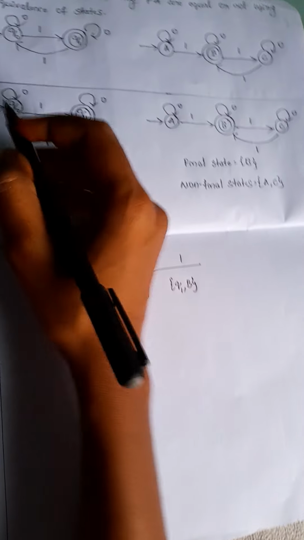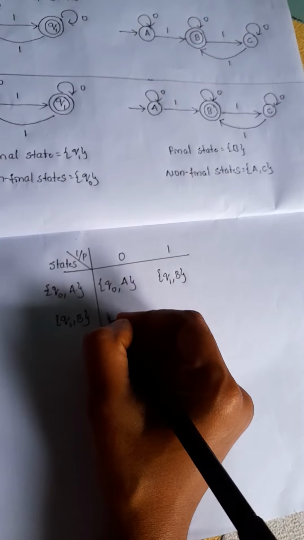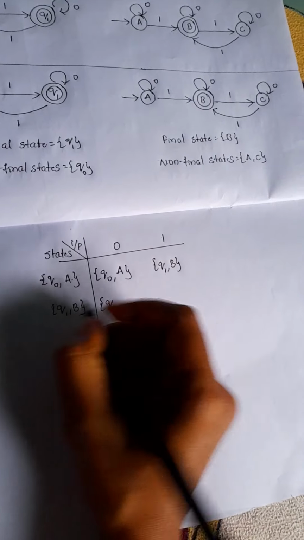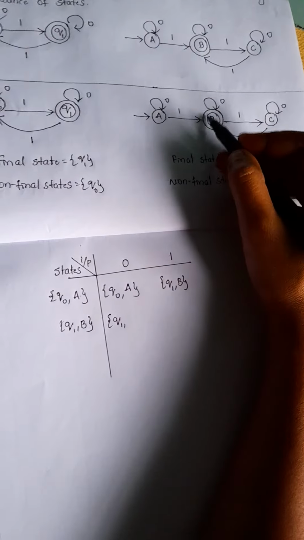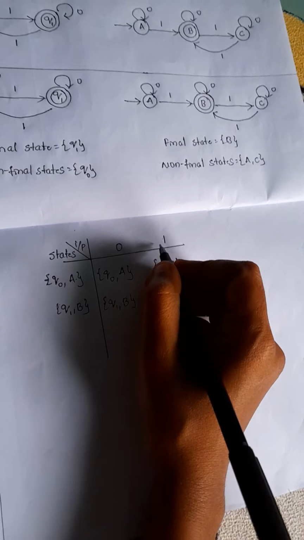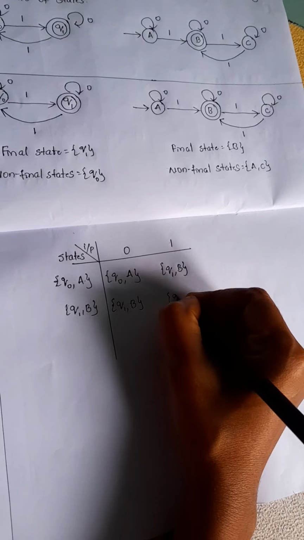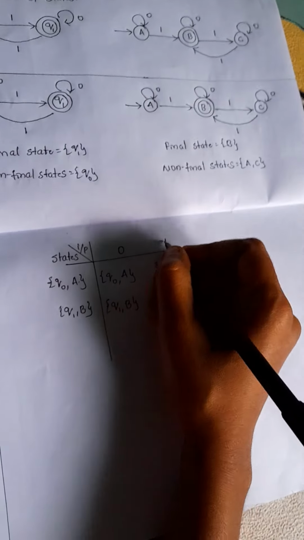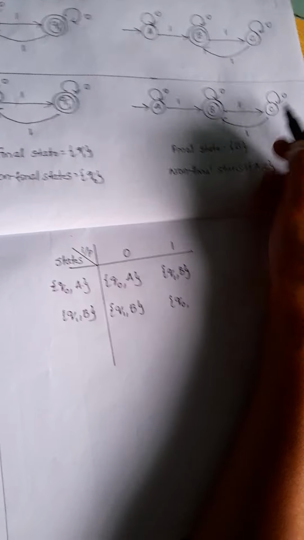Q1 on 0 goes to Q1, and B on 0 goes to B. Q1 on 1 goes to Q naught, and B on 1 goes to C.